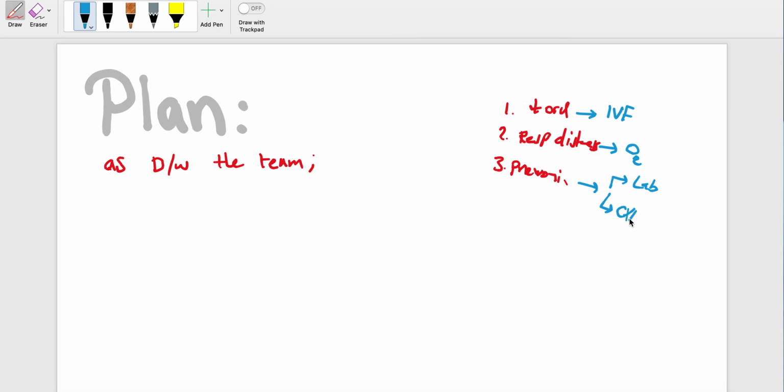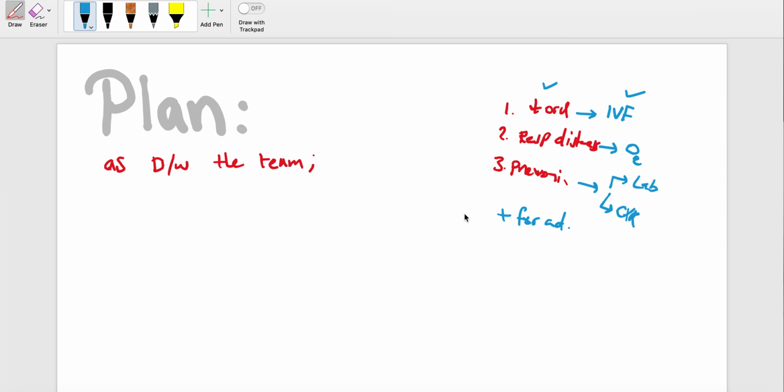Okay, so basically these are the reasons of admission, and these were the plan for the admission. And of course patient should be for admission, okay, so they can do all of that.